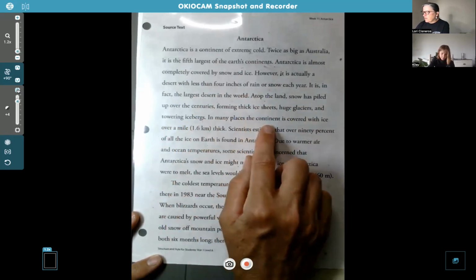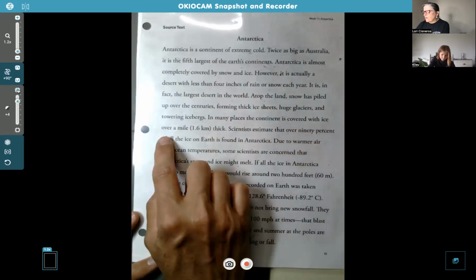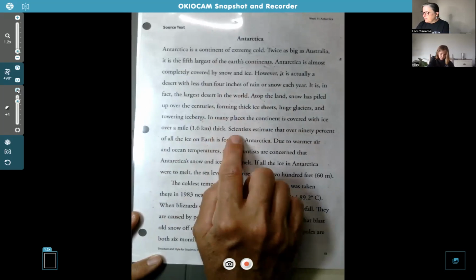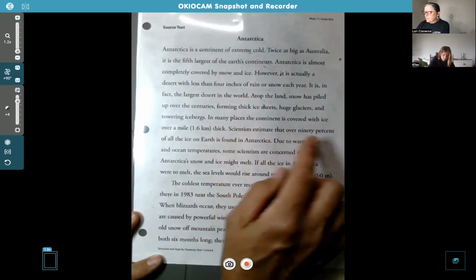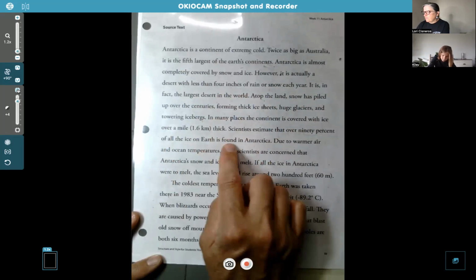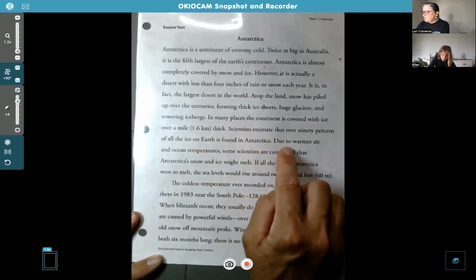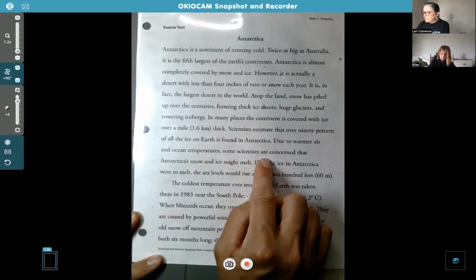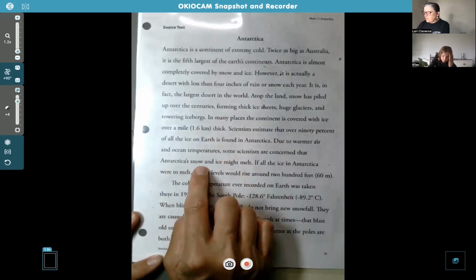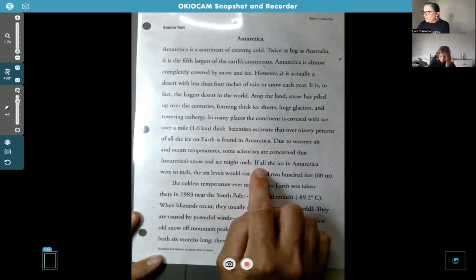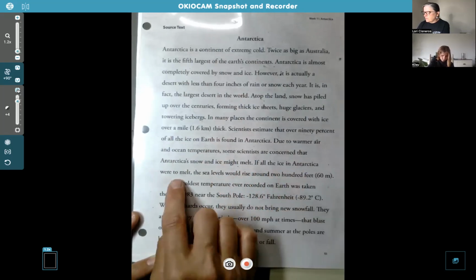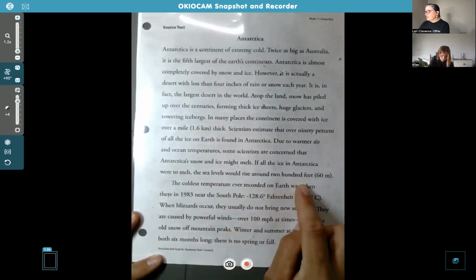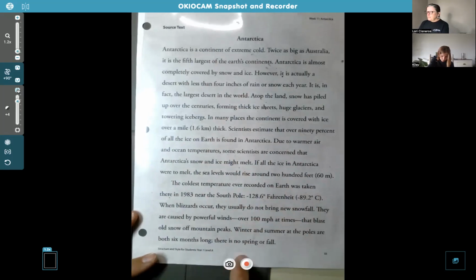In many places, the continent is covered with ice over a mile, 1.6 kilometers thick. Scientists estimate that over 90% of all the ice on Earth is found in Antarctica. Due to warmer air and ocean temperatures, some scientists are concerned that Antarctica's snow and ice might melt. If all the ice in Antarctica were to melt, the sea levels would rise around 200 feet or 60 meters.